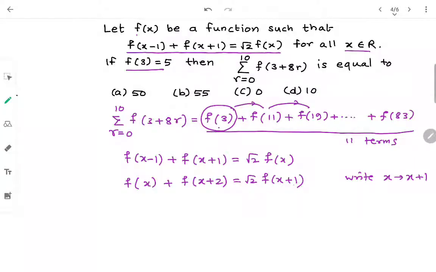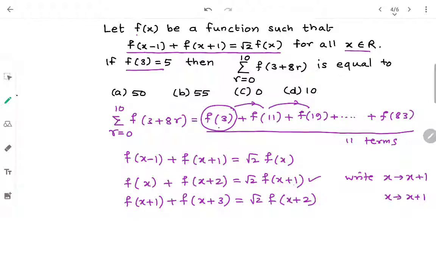Again, in this, I will replace x with x plus 1. So we get f of x plus 1 plus f of x plus 3 is equal to root 2 f of x plus 2.